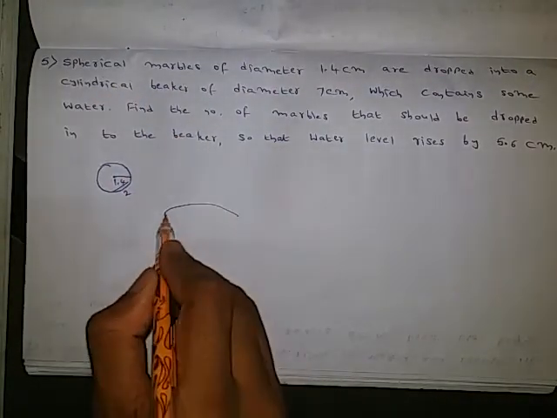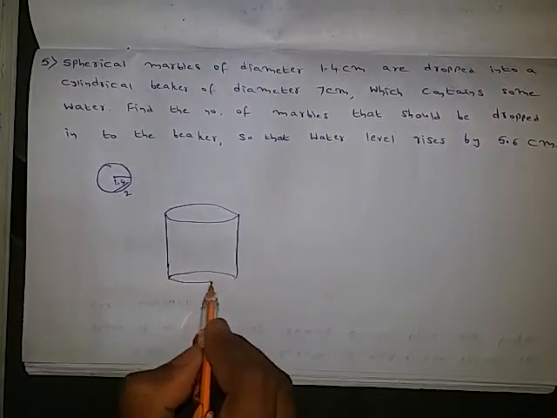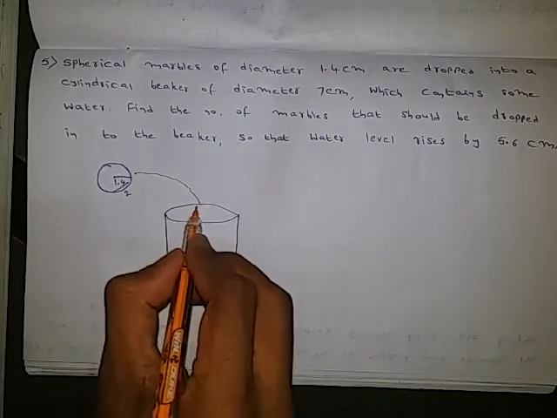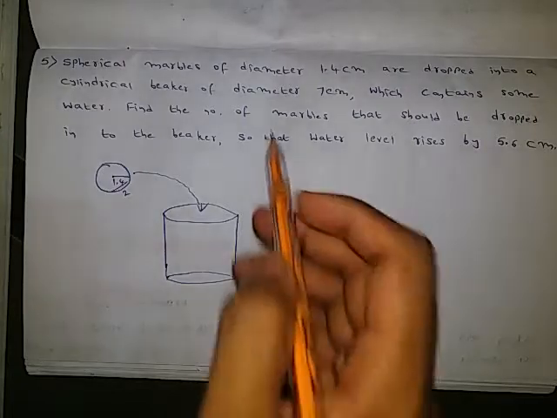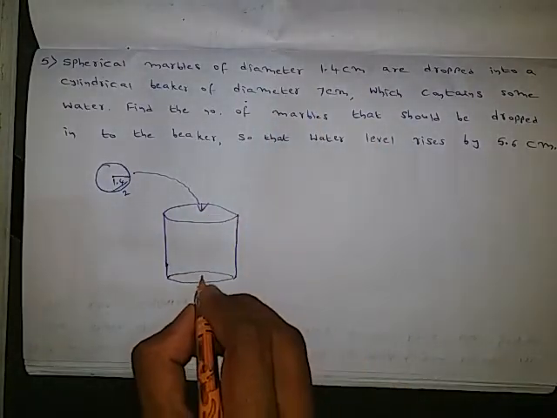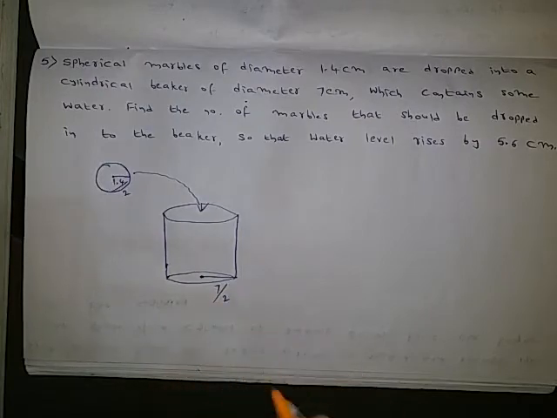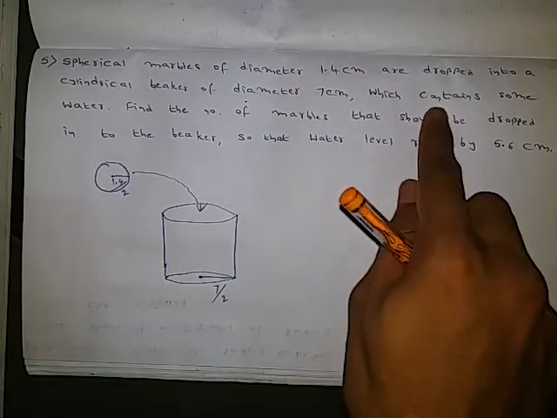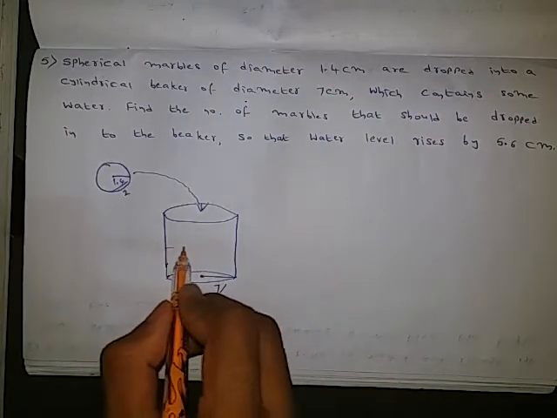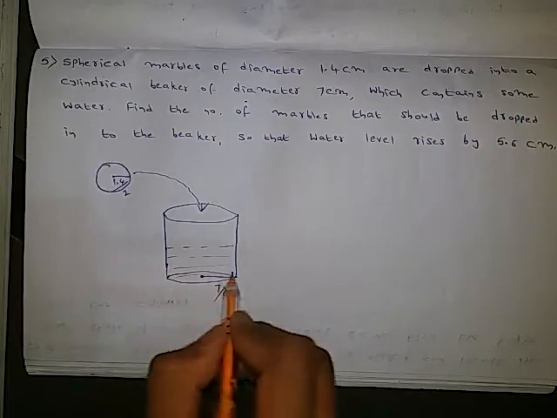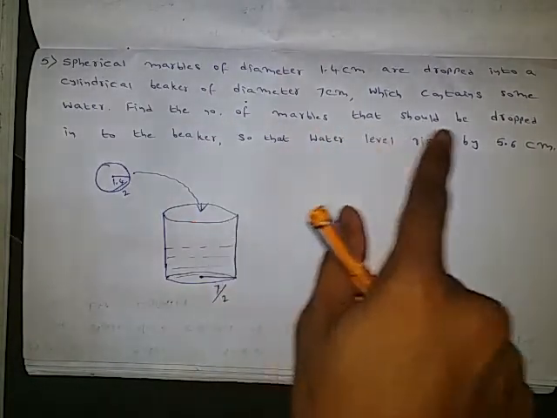We have one cylinder. They are dropping these spherical marbles into the cylindrical container of diameter 7. This cylinder diameter is given as 7, then radius will become 7 by 2, which contains some water. So in this some water is already there. Find the number of marbles that should be dropped.